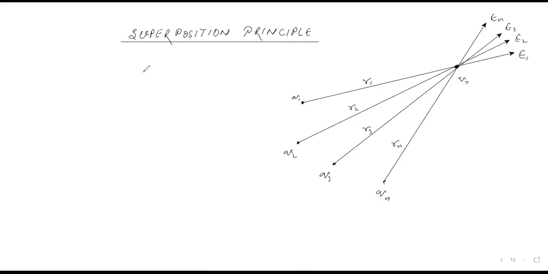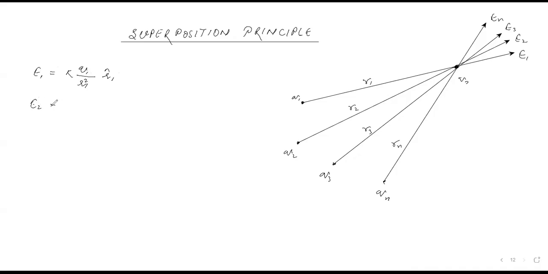Then what will be the field due to the charge Q1? E1 is equal to K Q1 over R1 square, times the unit vector of R1.